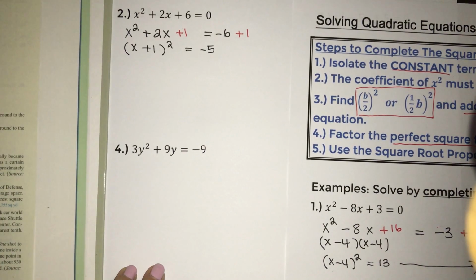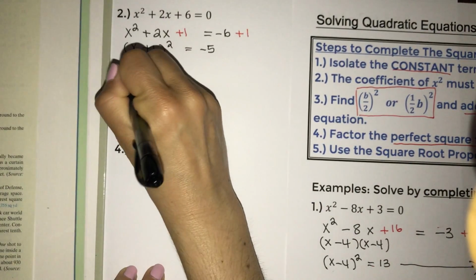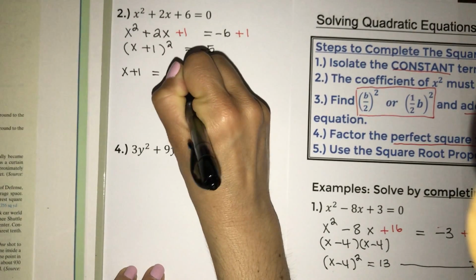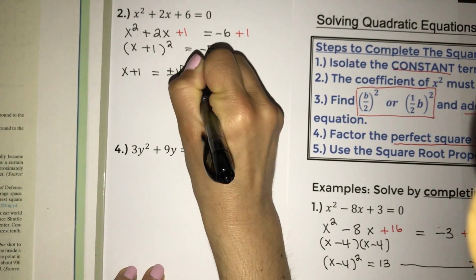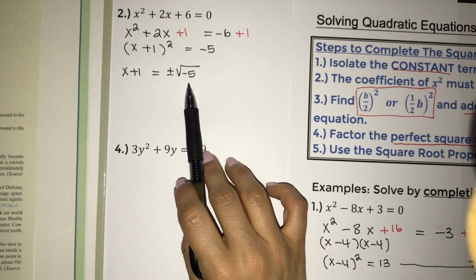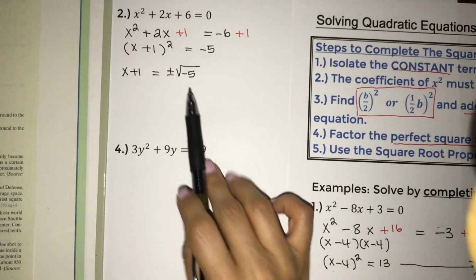Then we need to use the square root property. So we just take the square root of both sides. Remember, you need to include plus minus. This will come out to be imaginary, so I can simplify this a little bit.